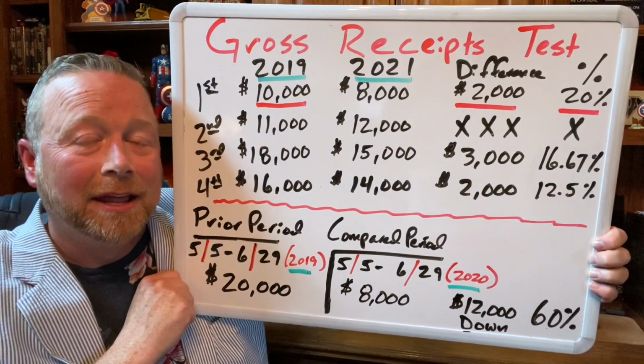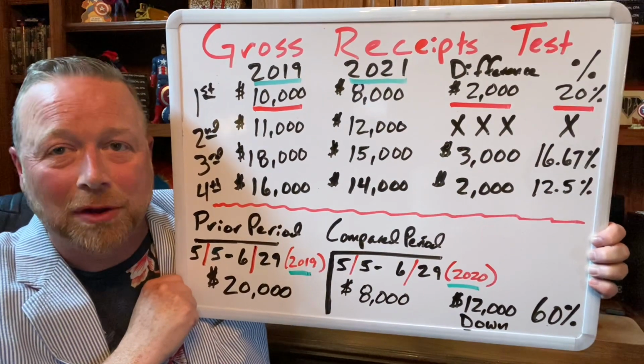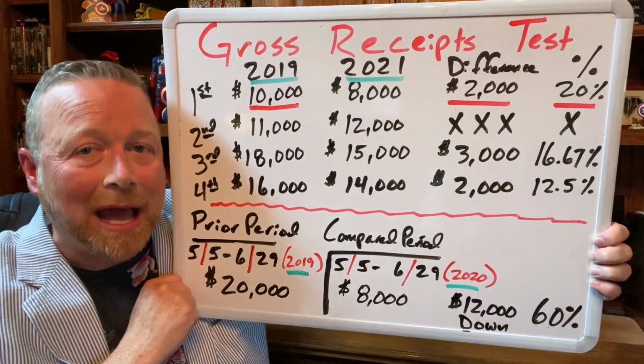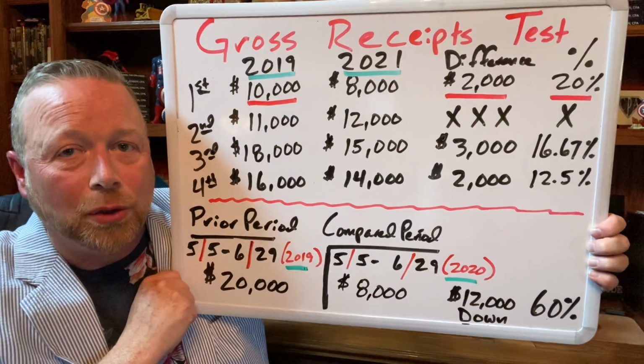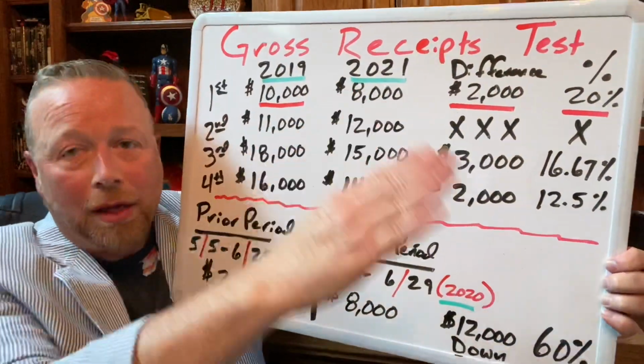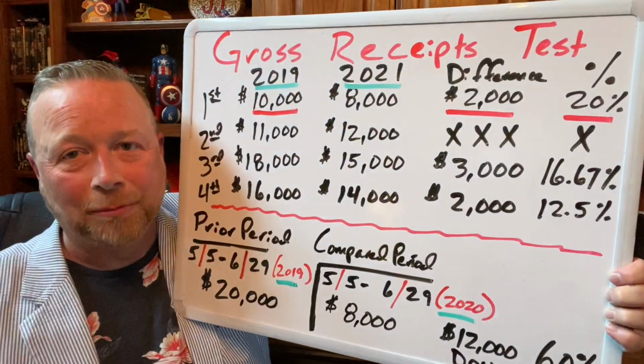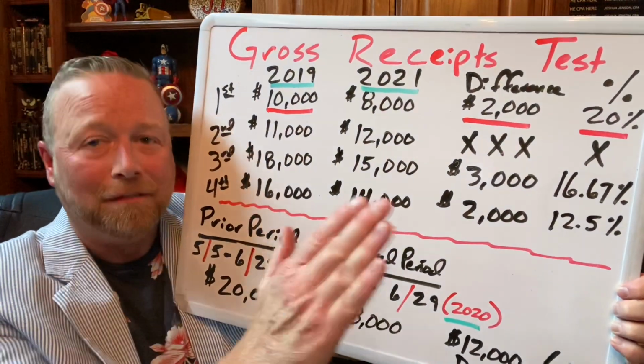And then compare it to, does it need to be 20%? Does it need to be 30% or whatever you're comparing to? Don't get caught up in the 20% or 30%. You're just trying to figure out what percentage am I down? And then figure out if that's enough of a percentage to qualify for whatever it is.